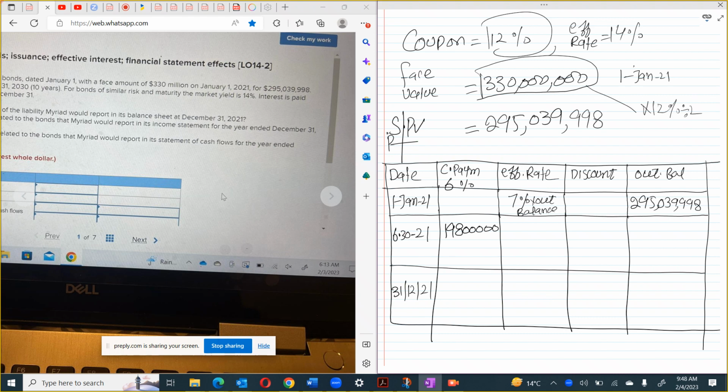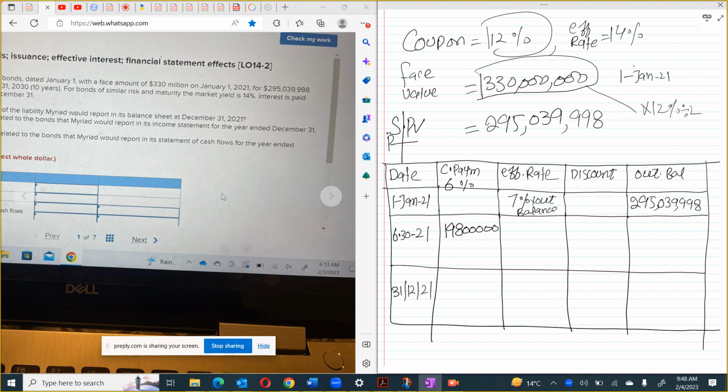No, this one is wrong, this is not correct. This one is 716,514. So the next will be plus 2393.